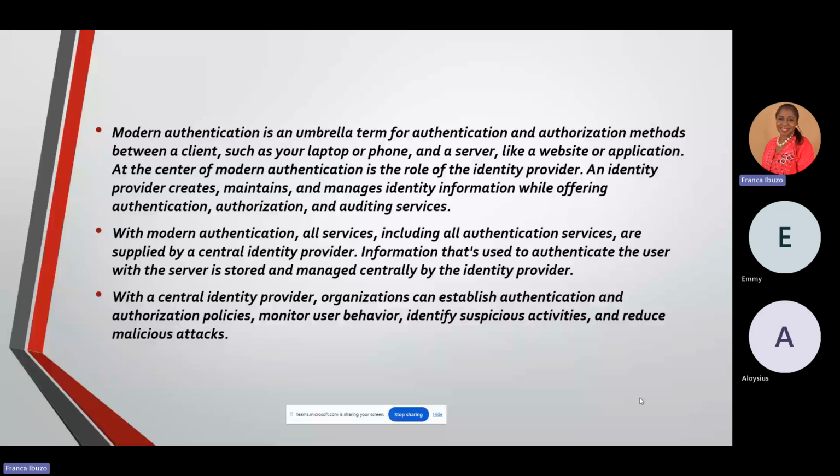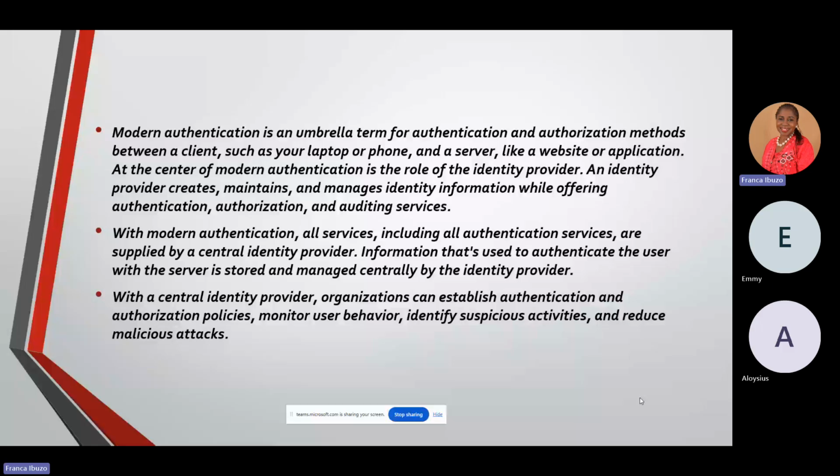Yeah, it's a database because it stores all the information that is used to manage your identity. So you can call it a database. A database is anything, a storage that houses information about your clients. Yeah, it's a database because it stores the information.